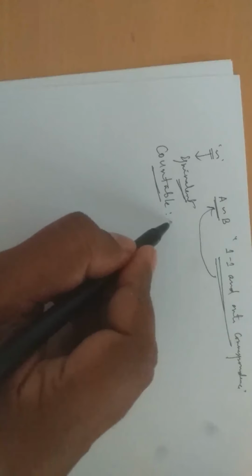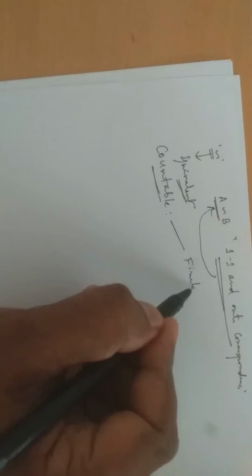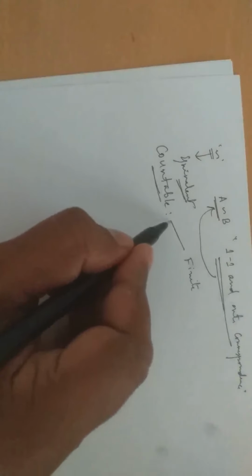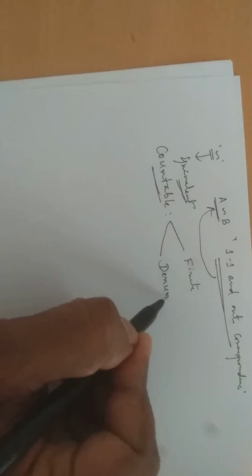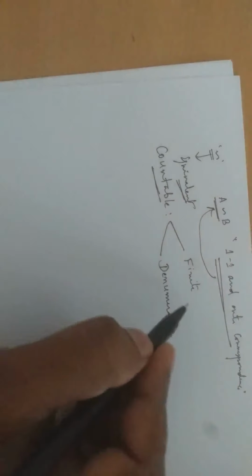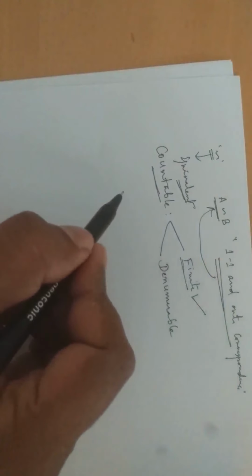A set A is said to be countable if it is finite or it is denumerable. You are familiar with finite sets, like the set of all vowels, the set of alphabets in English. These are finite sets.